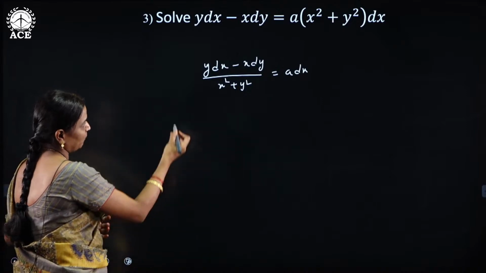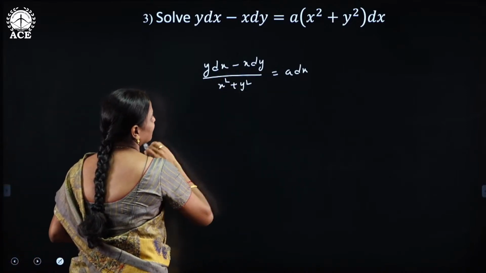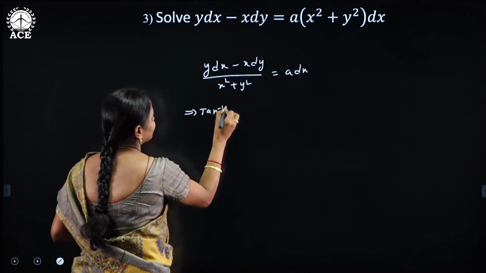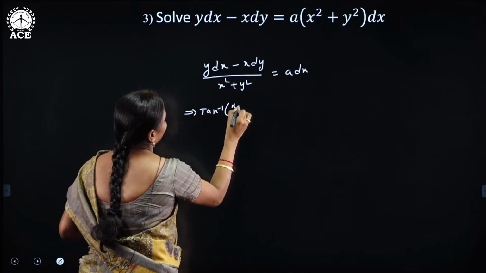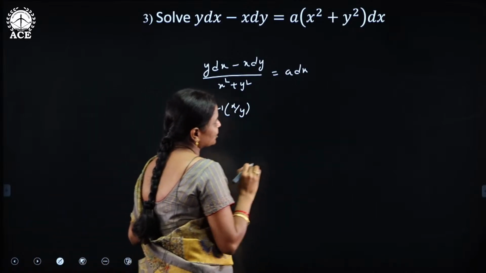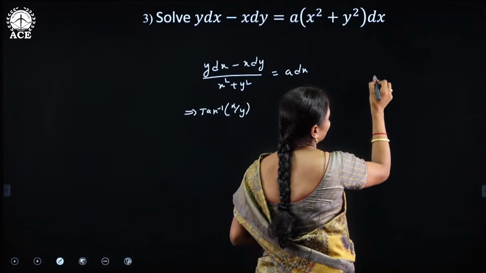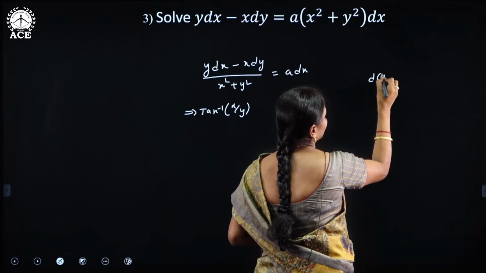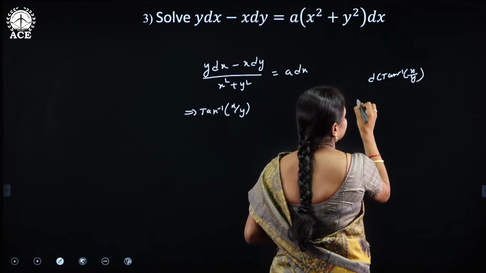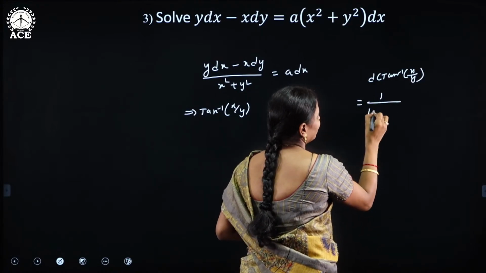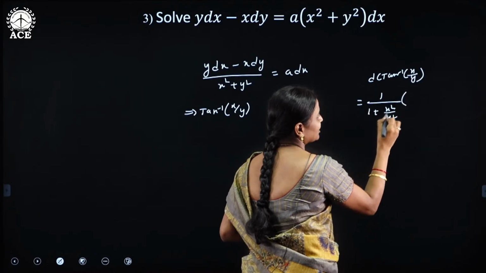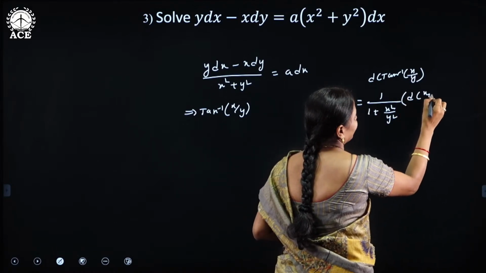And we have one formula: y dx minus x dy by x square plus y square can be written as the differential of tan inverse of x by y. So how to see this? What is the differentiation of tan inverse? Differentiation of tan inverse of x by y is equal to 1 by 1 plus x square by y square, again into differentiation of x by y.